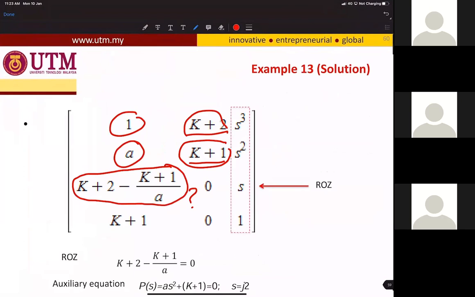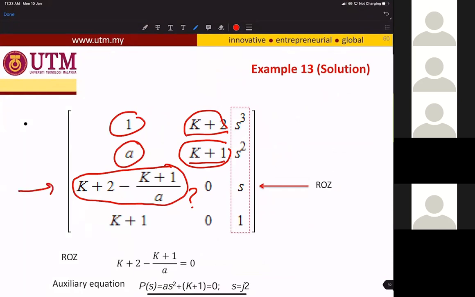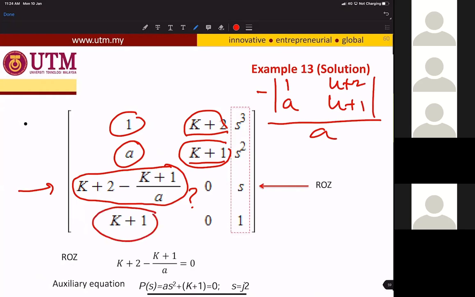Fatihah, how do I get this one? The negative determinant of 1, K plus 2, A, K plus 1, divided by A. Then K plus 1.